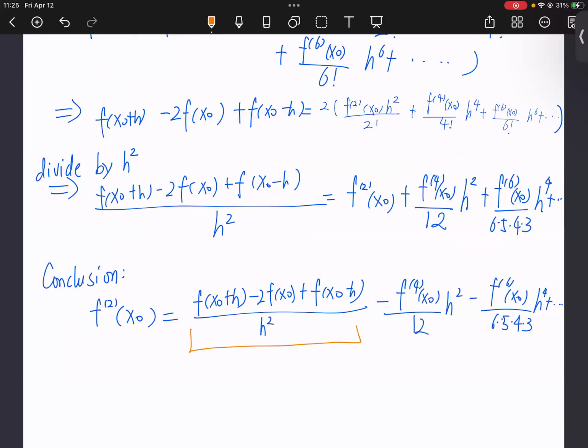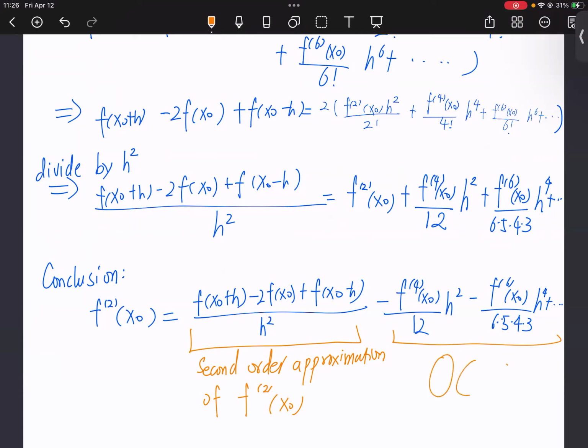This one we call the second order approximation of the second derivative. And the error term is in the magnitude of big O of h squared.